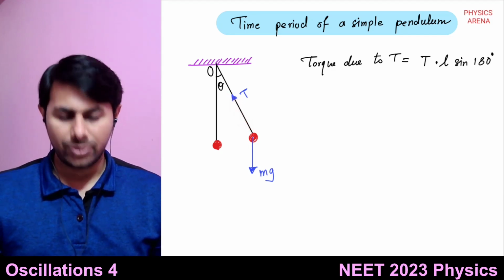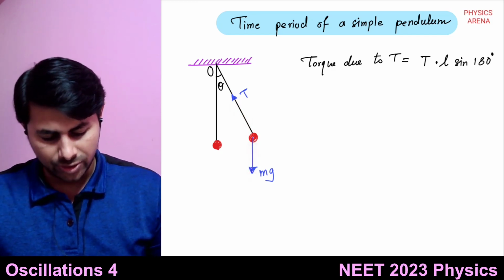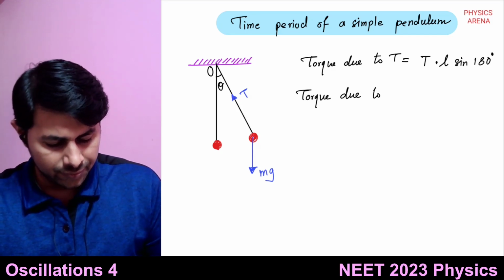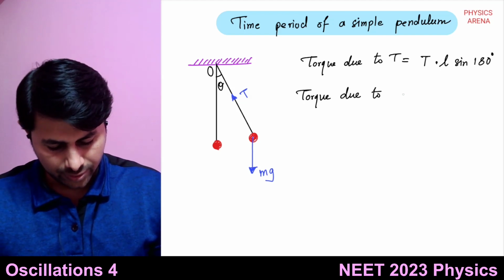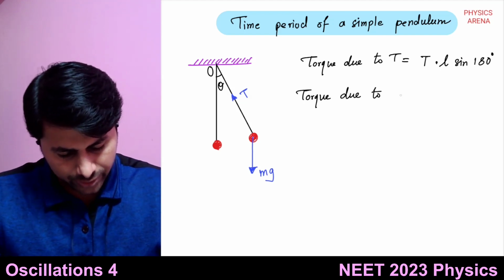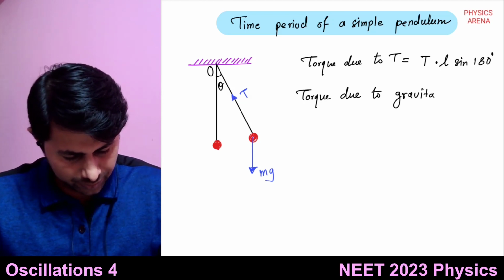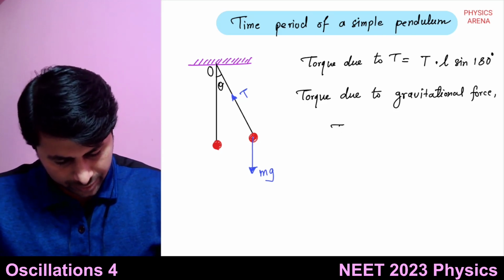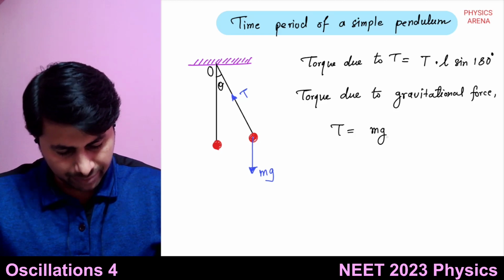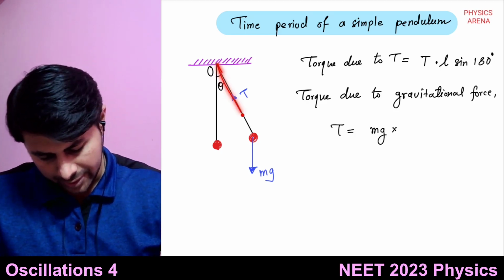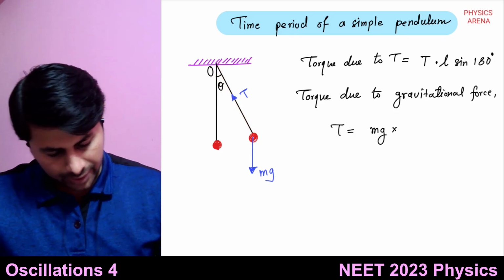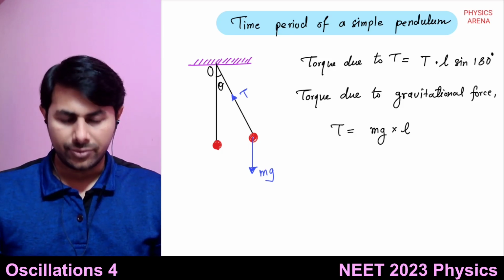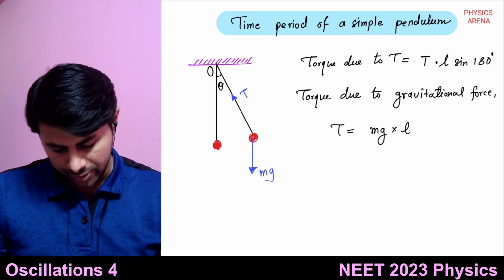Then there is the other force, the gravitational force. So how much is the torque due to that? Torque due to the gravitational force is the force mg multiplied by this distance, L, multiplied by sine of the angle between the two. And how much is the angle between the two?